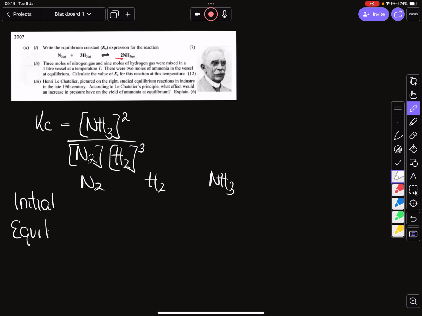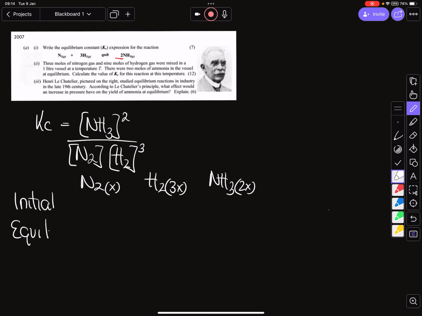The ratio for the equation I give as a value of x, so because there was 1 N2, we call it x. There are 3 H2, so we call this 3x, and for NH3, because there are 2 of them, we call this 2x. Now when we get to our equilibrium line, our reactants are going to change by their x value, and our products are going to increase by their x value.